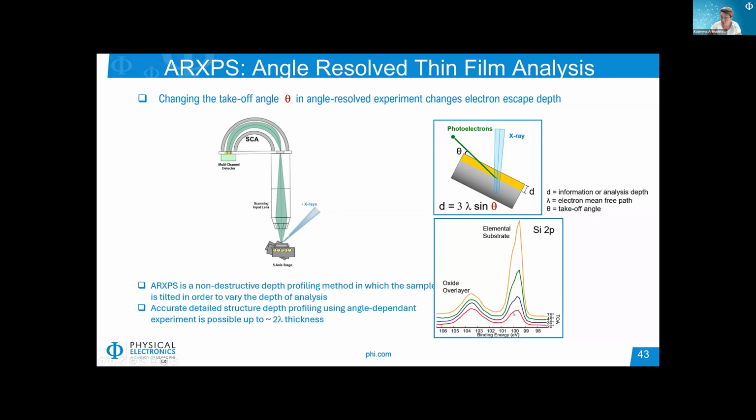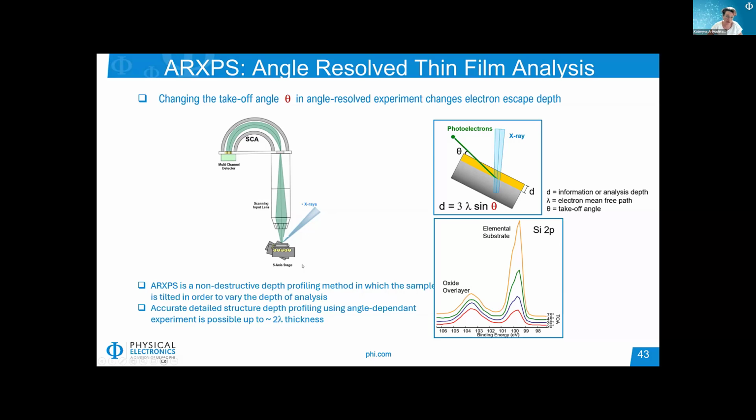We have equal contribution of metal and oxide. So it's a non-destructive method that allows us to do depth profiling within the overall XPS sampling depth. And accurate thickness can be calculated up to 2 lambda, sometimes even larger, but then the uncertainty contributes to your thickness calculations.